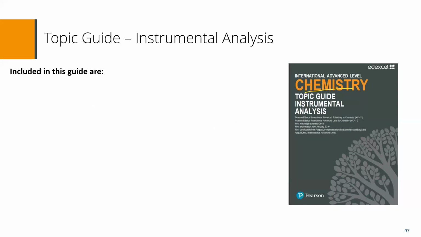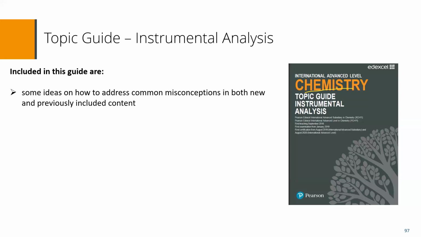The other guide has been written by David Reed, and David Reed is a lecturer at the University of Southampton. And this is about instrumental analysis. It gives you some ideas on how to address common misconceptions in both new and previously included content.